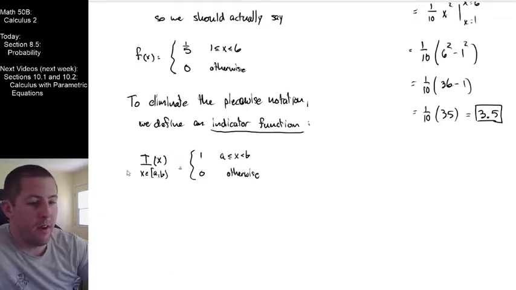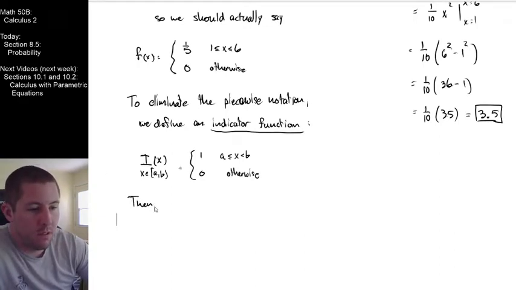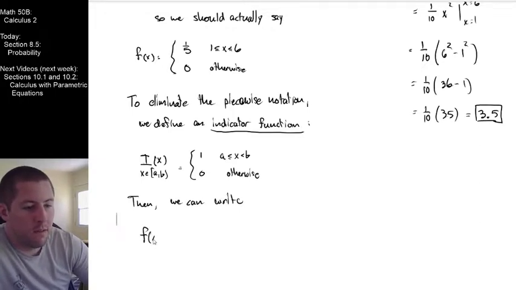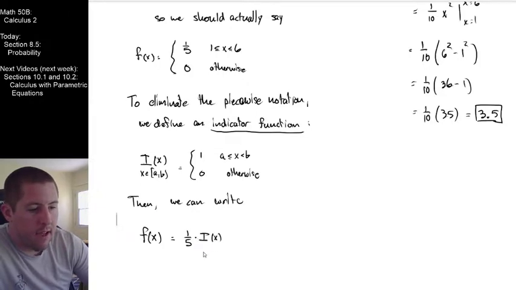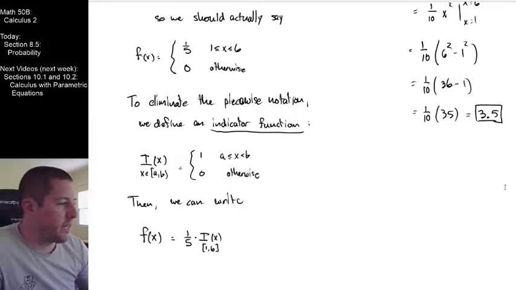This allows us to write f of x, our probability distribution function, as 1/5 times I of x from 1 to 6. And I'll get lazy and just write the 1 to 6 underneath there.